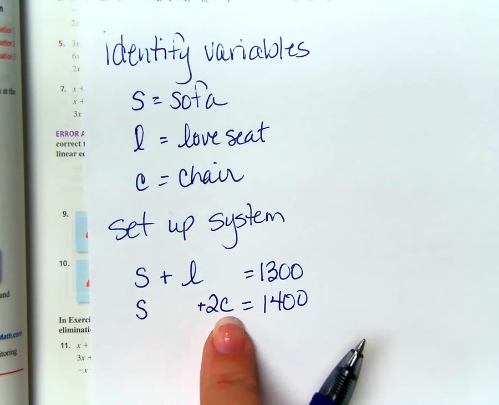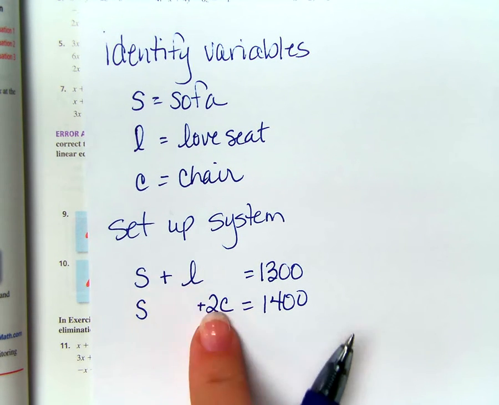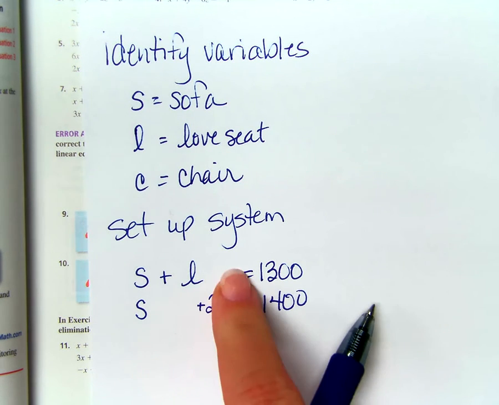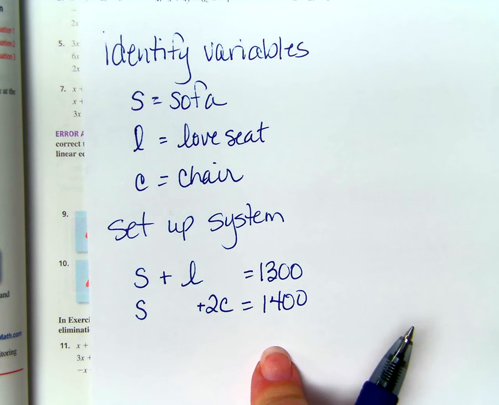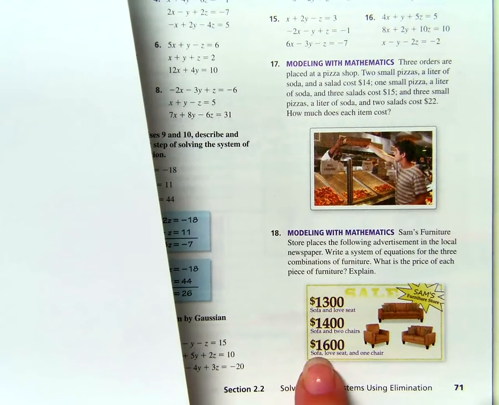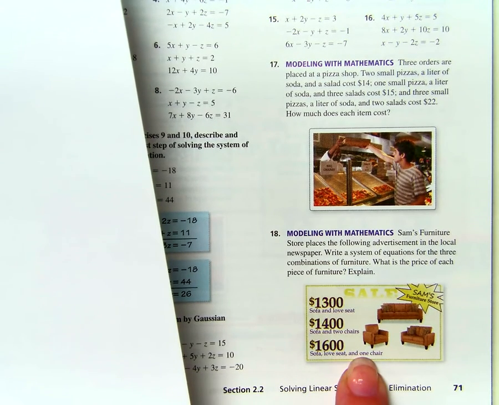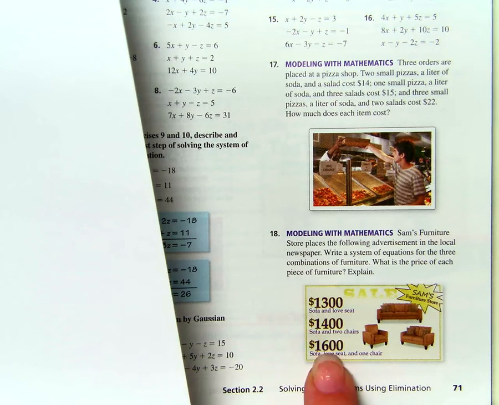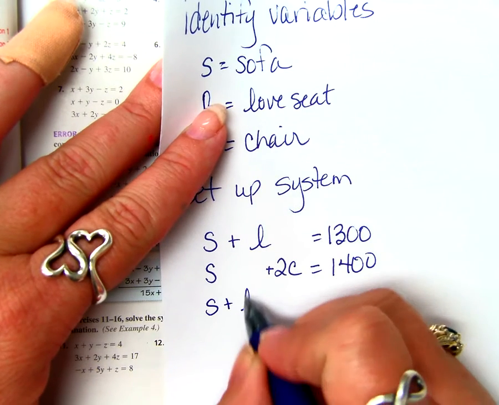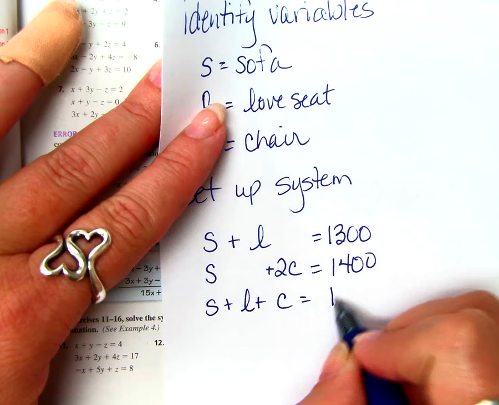Well, we don't have X, Y, and Z this time, but we do have S, L, and C, and we need all the S's lined up, all the L's lined up, all the C's, all the equal signs, and then all the constants. So then our last equation is a sofa, a love seat, and 1 chair is $1,600. So a sofa and a love seat and a chair equals $1,600.